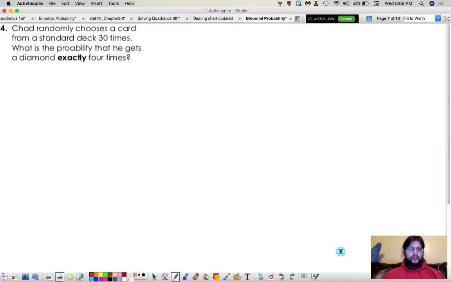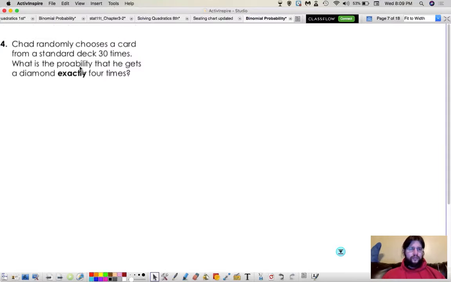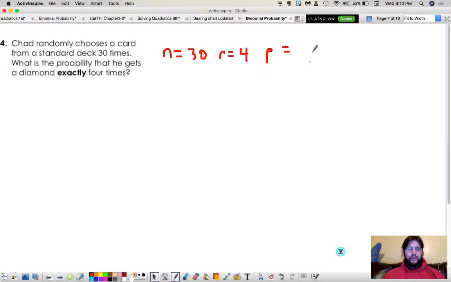And let's do the next one. Chad randomly chooses a card from a standard deck 30 times. What's the probability that he gets a diamond exactly 4 times? N is 30, R is 4, P. There's 1/4 of them that are diamonds. Q, 3/4.